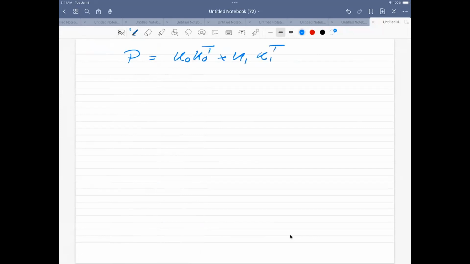Remember that this is an outer product, and an outer product is a matrix. So this P is a matrix, and when it acts on a specific vector, it performs a projection based on the two vectors U0 and U1. That's the way you would typically define a projection operator.